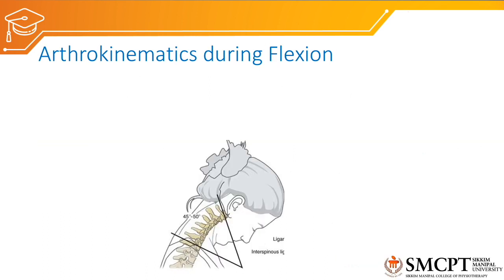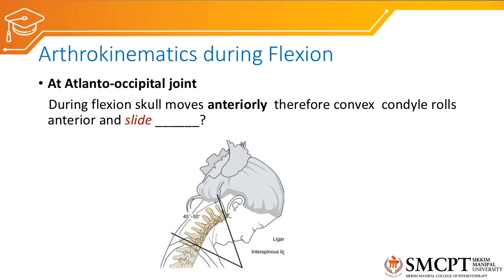Second, arthrokinematics during flexion at the atlanto-occipital joint. During flexion, the skull moves anteriorly, therefore the convex surface of the occipital condyle rolls anteriorly and slides posteriorly, because according to the rule, convex moving on concave means it will slide in the opposite direction, posteriorly, in this condition.